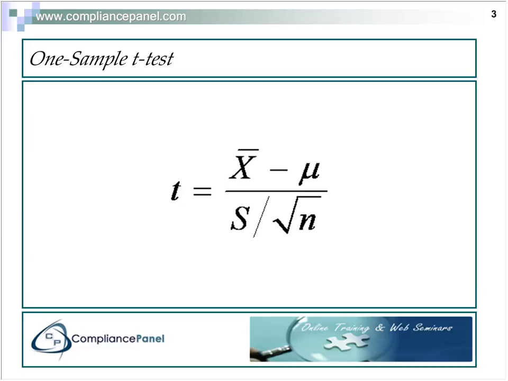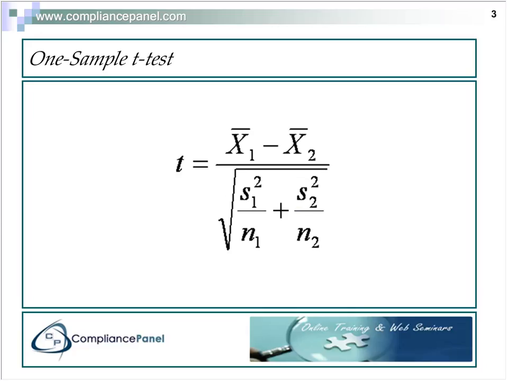And you use this t-test to say, okay, if my sample mean, which is that x with the bar on top of it, subtracted off my hypothesized mean divided by the standard deviation over the square root of n, being the number of samples that I obtained in order to estimate the sample mean, I can calculate this, go to a t-table, and then verify if, in fact, my sample mean is statistically different than my population mean. And this works real well for comparing a single sample to a hypothesized mean.